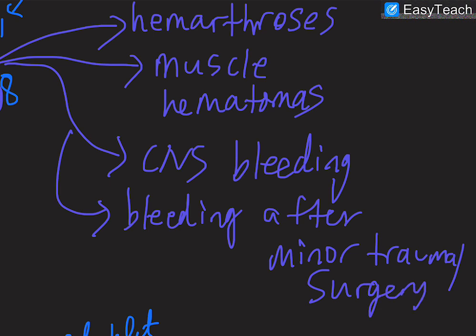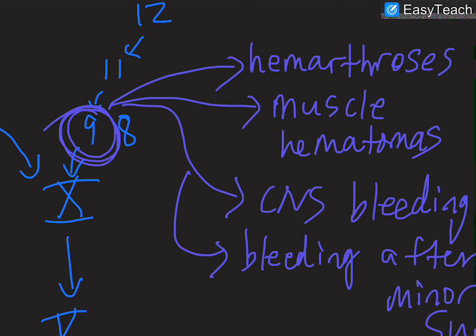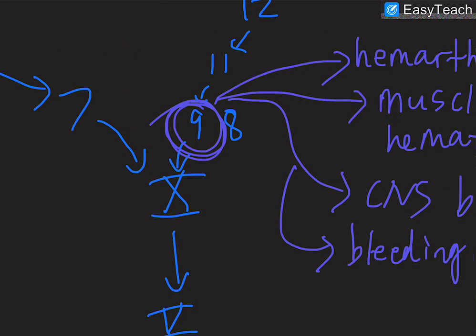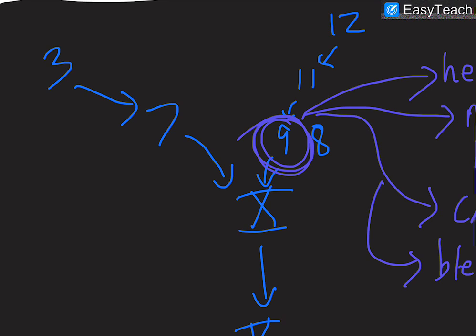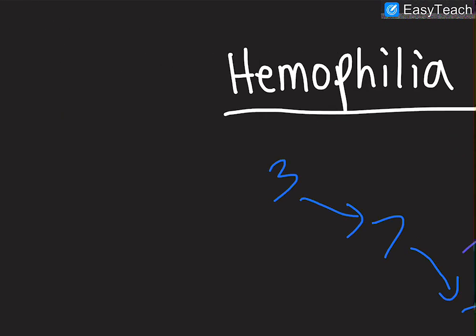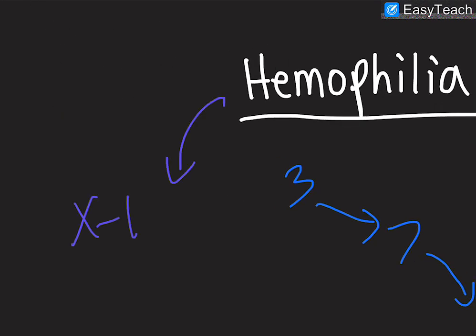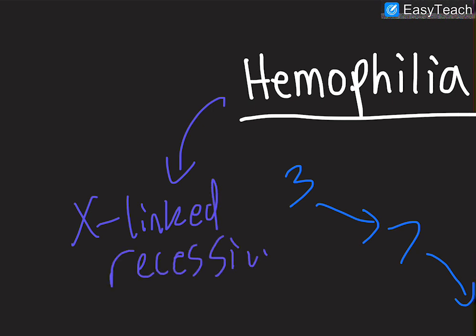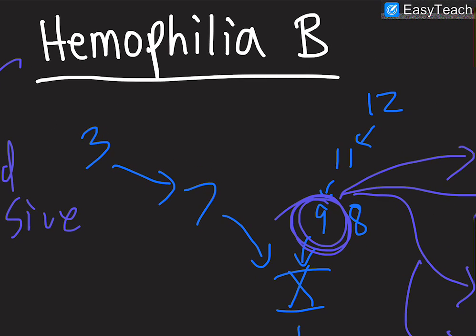Those are the main deep tissue bleeding findings we see with coagulation factor deficiencies. And remember, this is X-linked recessive, just like hemophilia A. So that's good to know because that involves the genetics of this disease.